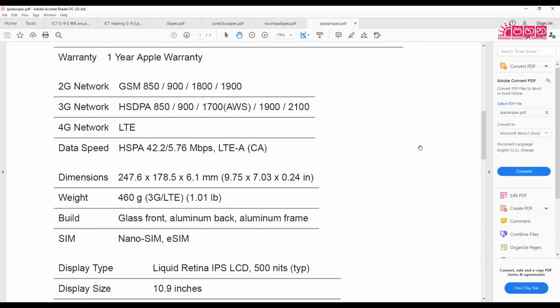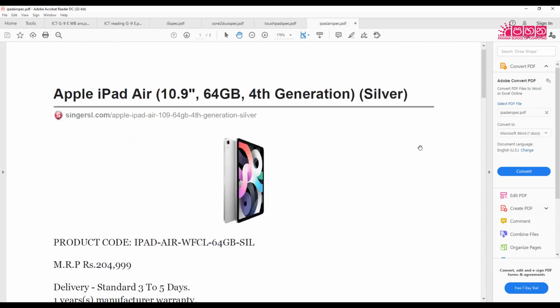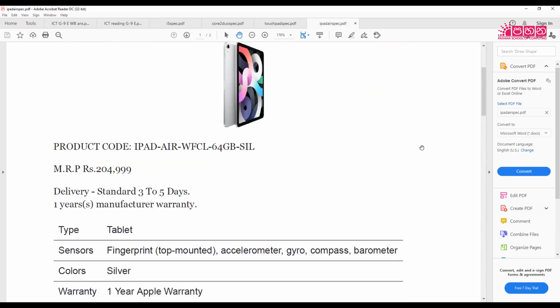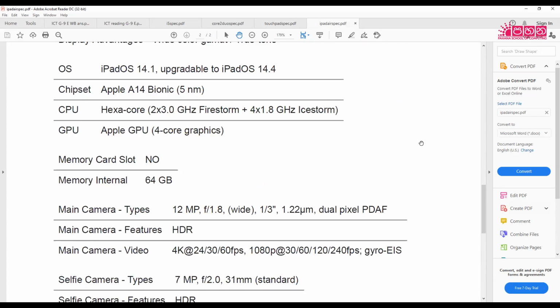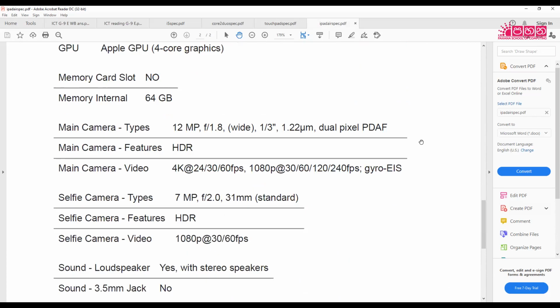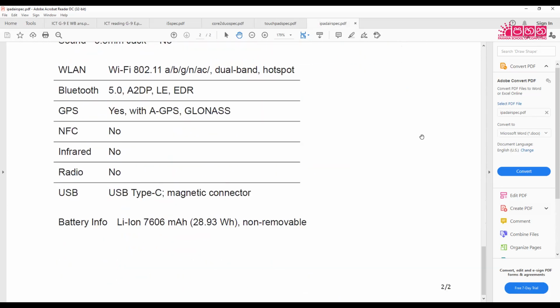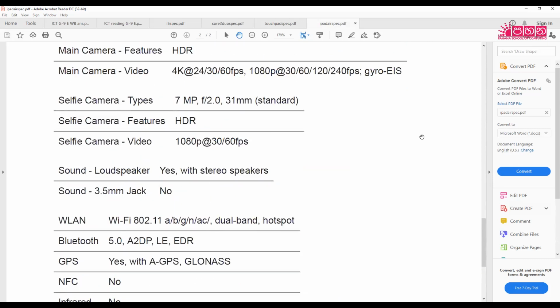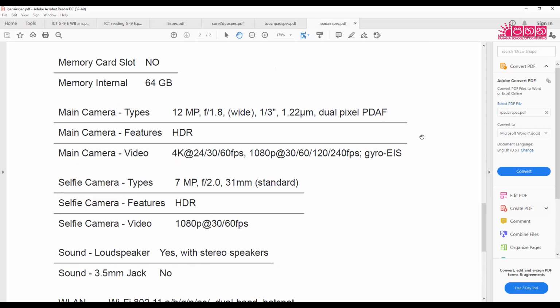I'm trying to locate the hard disk space. So hopefully there's no memory card. We have internal. It's not very clear to me whether it's hard space or RAM. Let me check.